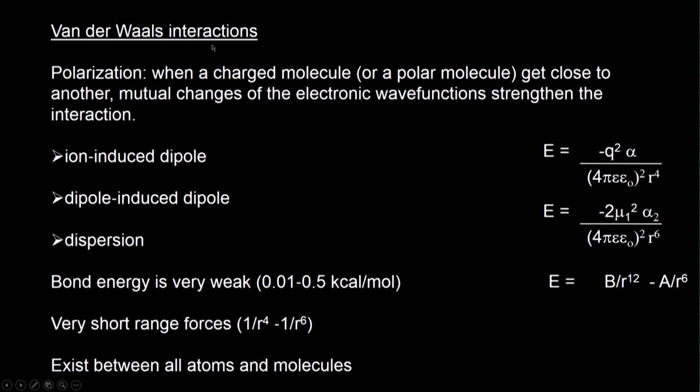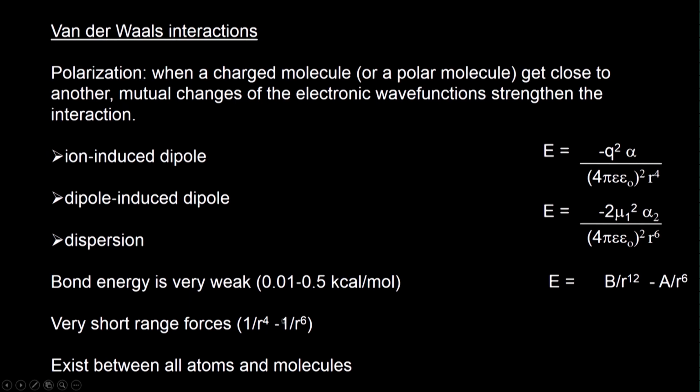Of course, van der Waals interaction you all know. Polarization: when a charged molecule or a polar molecule gets close to another, mutual changes of the electronic wave function strengthen the interaction. So, we can have ion induced dipole, dipole induced dipole, dispersion, all these. They are very short range because you have 1 divided by r power 4, 1 divided by r power 6.